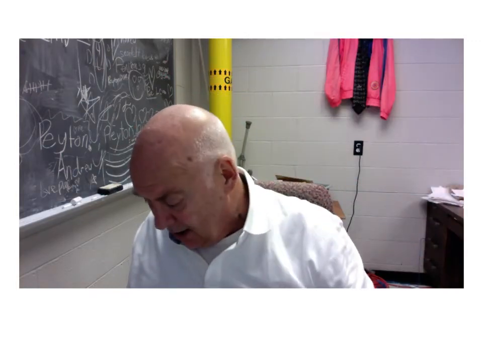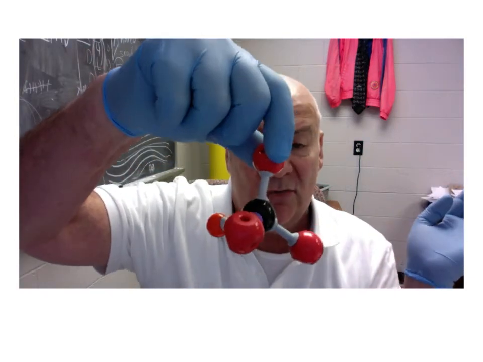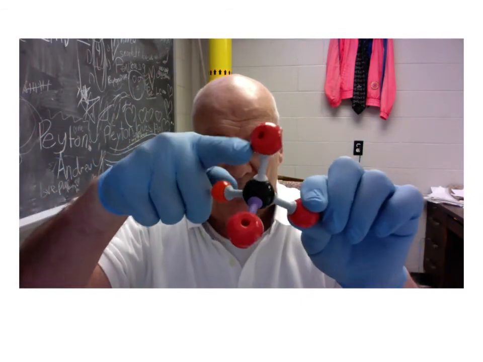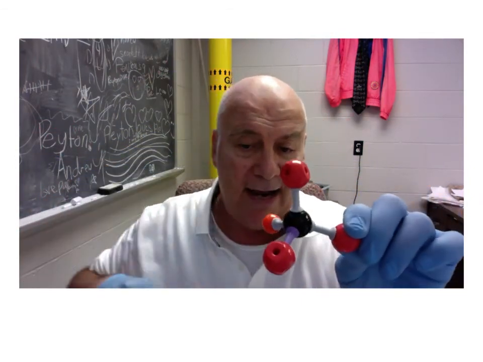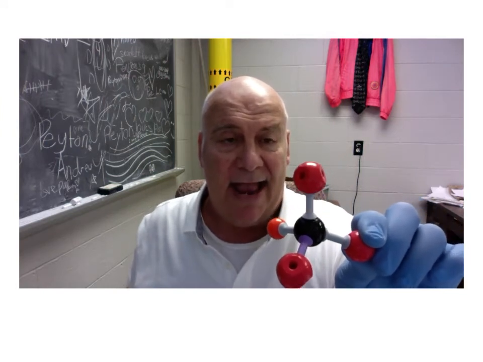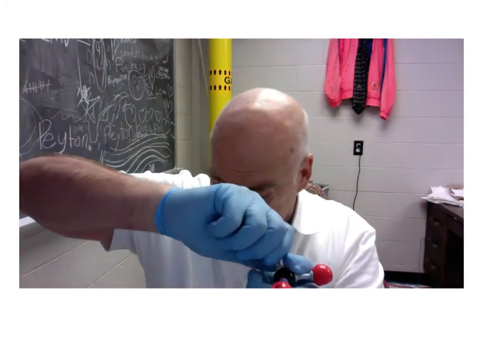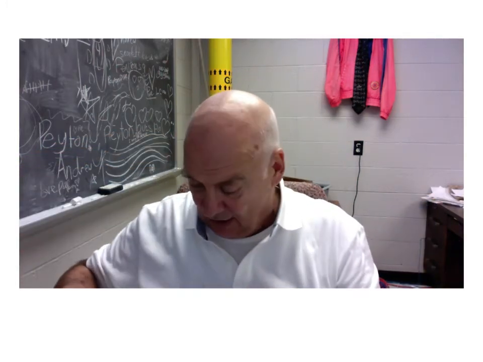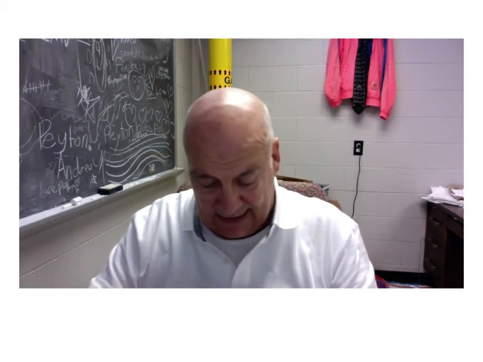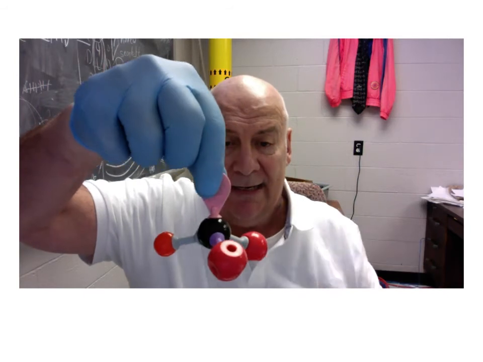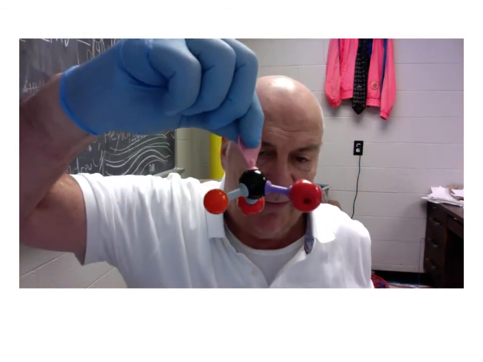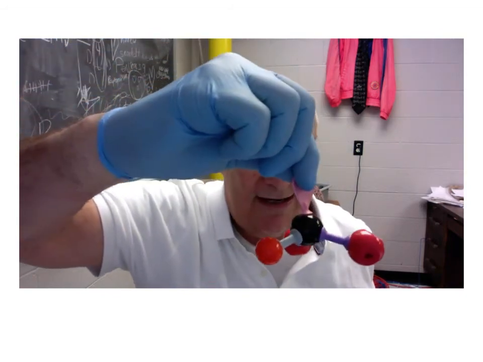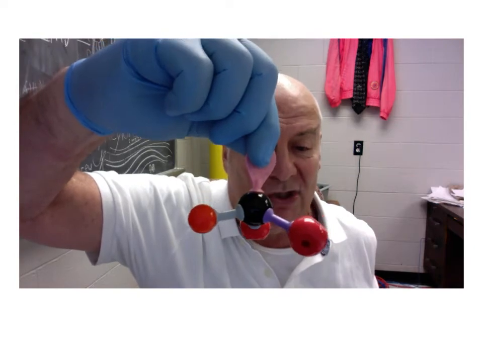Okay, now I'm going to go to my tetrahedral arrangement. Remember, this is 3-dimensional. All the angles are 109.5 degrees. And instead of having an AB4 with no lone pairs on the A, let's suppose I take one of the B's away, and instead I replace it with a non-bonding pair of electrons. Notice how the remaining 3 B's take up the remaining positions of the tetrahedron, and those remaining positions are 3-dimensional.